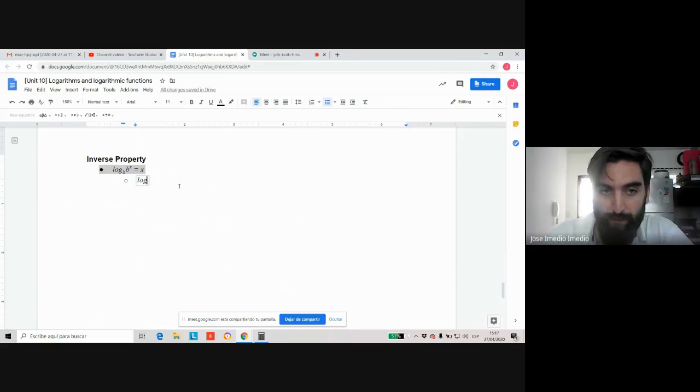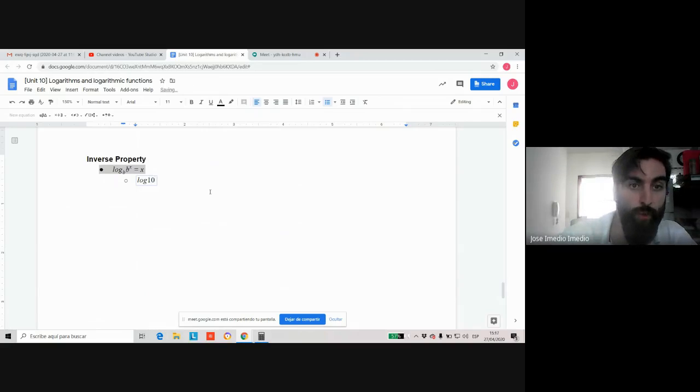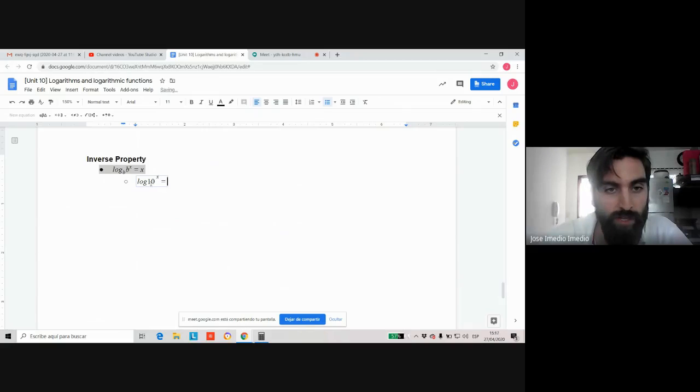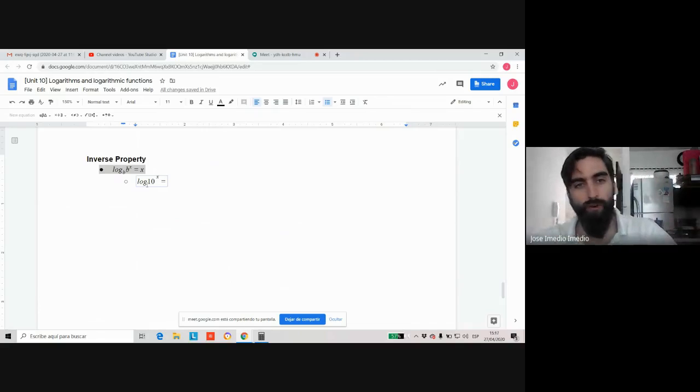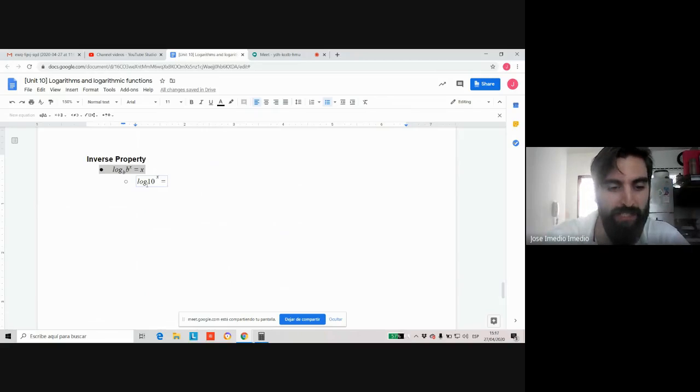If I have the common logarithm base 10 of 10 raised to the power of x, easy, right? What's the exponent I need to put on top of a 10 in order to get 10 raised to the power of x? Of course, the exponent I need here is an x.